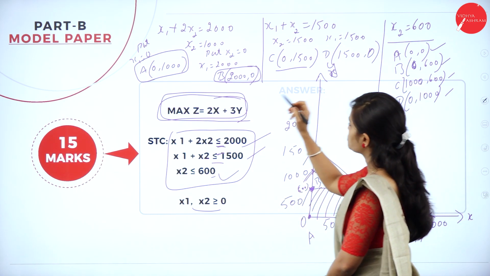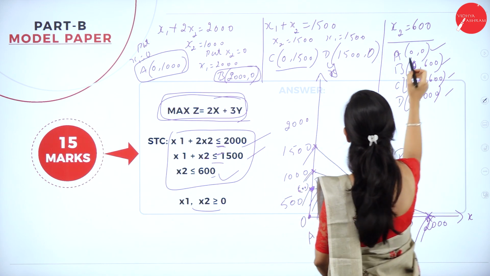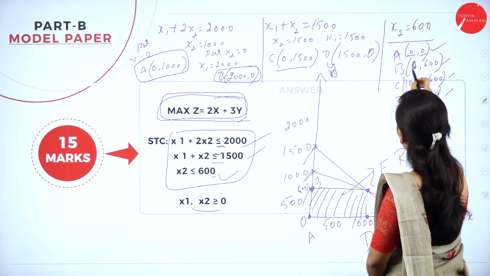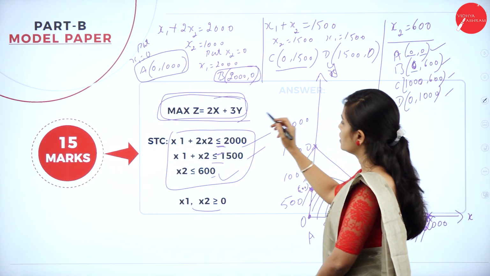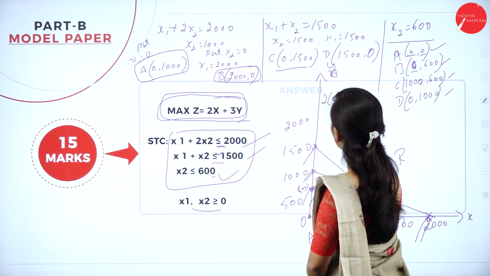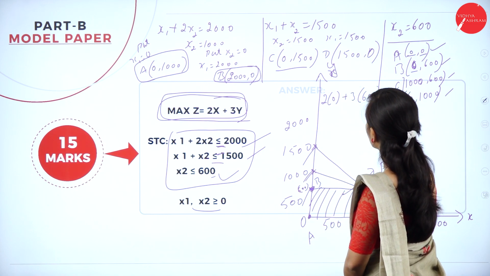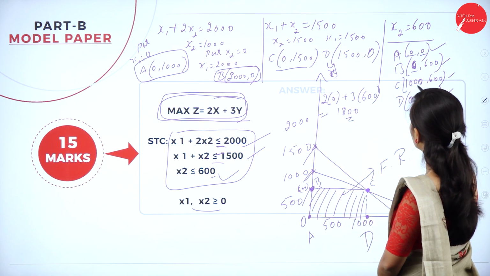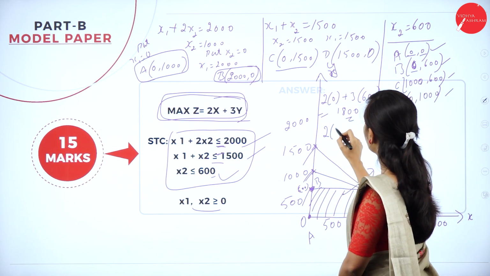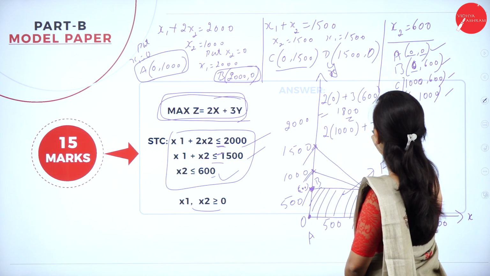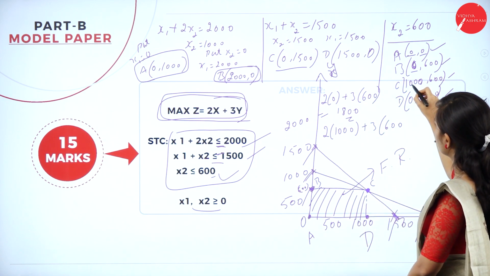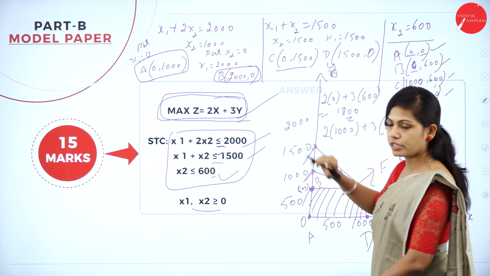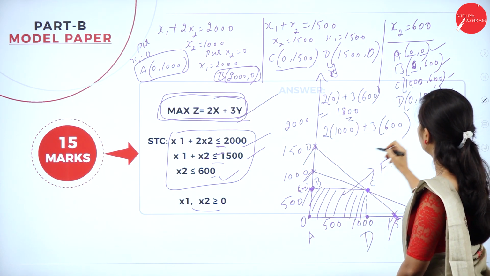So now substitute the values of x and y. Here x is 0, y is 0, so we will get 0 for the first point. And now (0, 600): 2 into 0 plus 3 into 600, and we will get 1800. Then (1000, 600): 2 into 1000 plus 3 into 600. Substitute the values of x and y for each corner point in this objective function and you will get the maximum value.